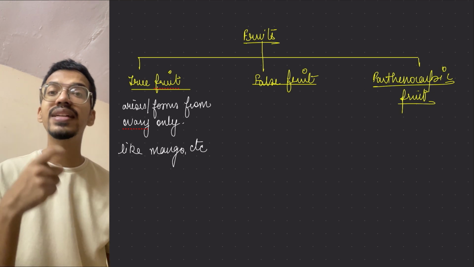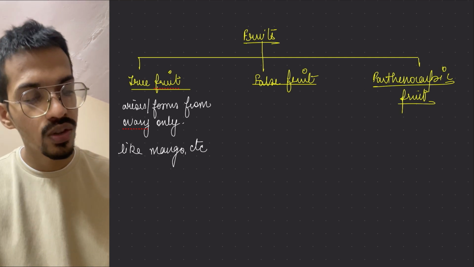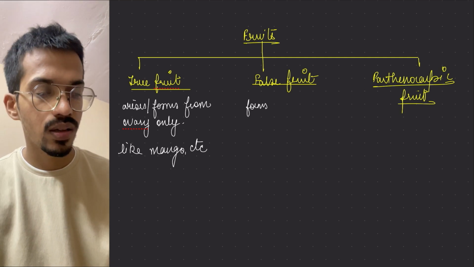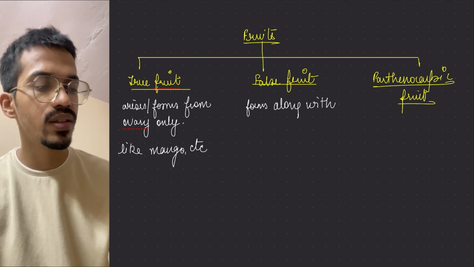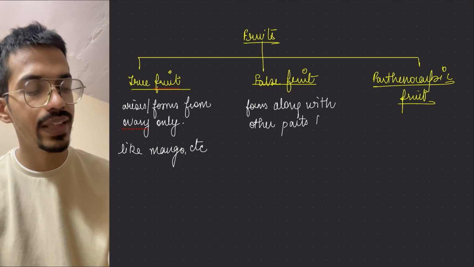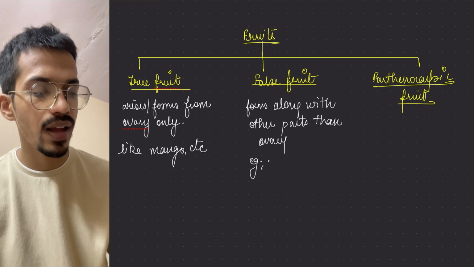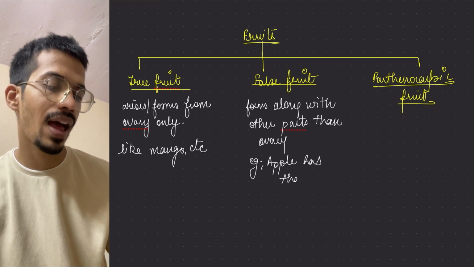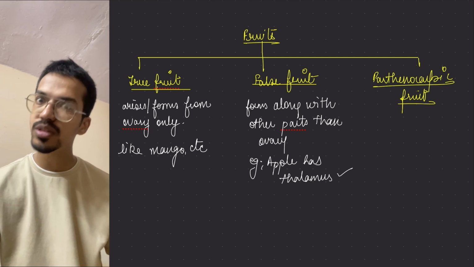In the case of apple, its major part is made up of the thalamus. So they form along with parts other than the ovary. Example apple has thalamus as a part of the fruit. So the thalamus also ripens.